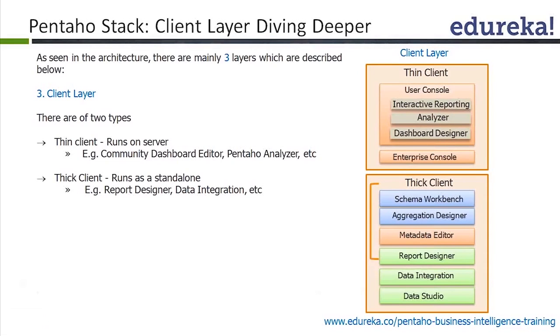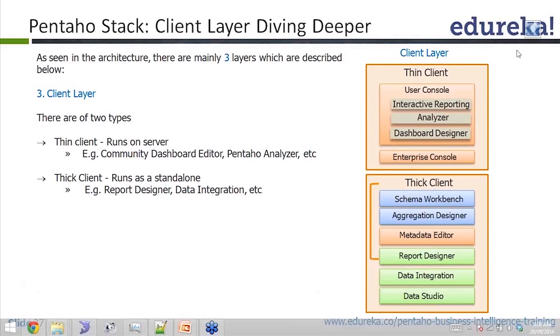There are two types of clients: thin clients and thick clients. Thin clients are clients that run on the server. For example, Saiku, which is a client but a server component. Then Dashboard Designer, which runs on the server, using which you can configure very UI-rich dashboards.